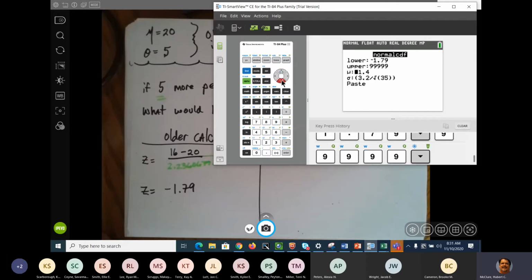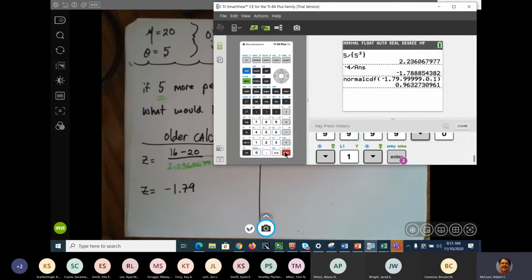Of course, we can't change it because we've got an older calculator, so it's going to be 0 and 1. And paste. I get 0.96327, about 0.9633.